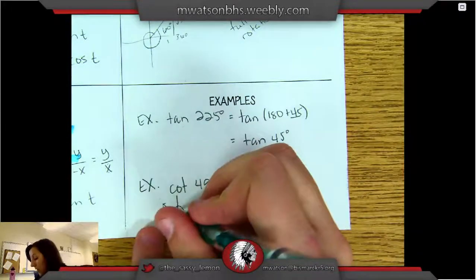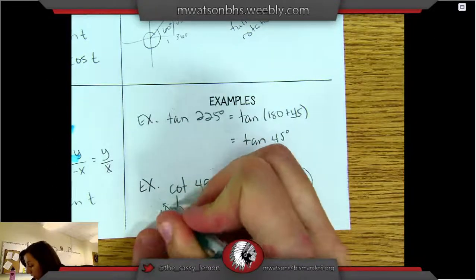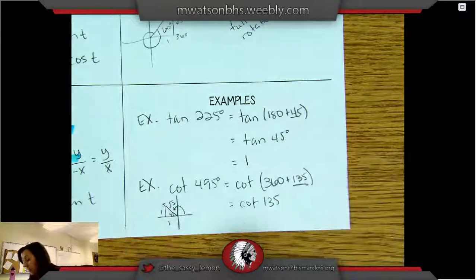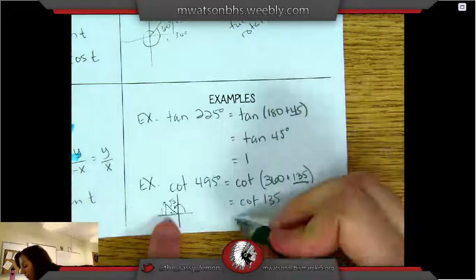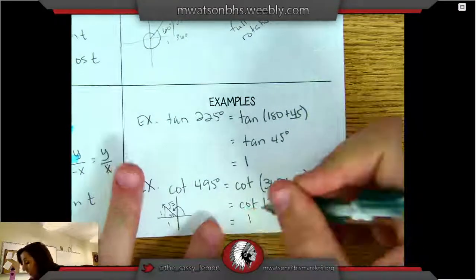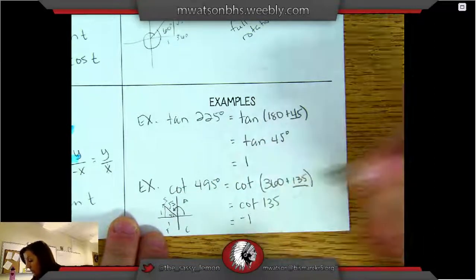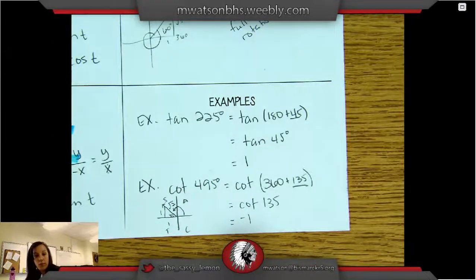If we keep going, that little angle in there is 45. We have 1, 1, square root of 2. So cotangent of 135 is equal to 1, but it's negative because all students take calculus. And there you go. So we still had to draw a little reference angle.